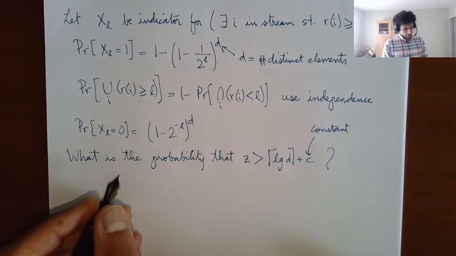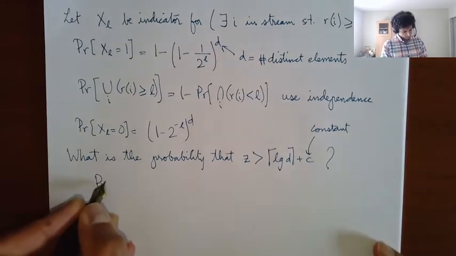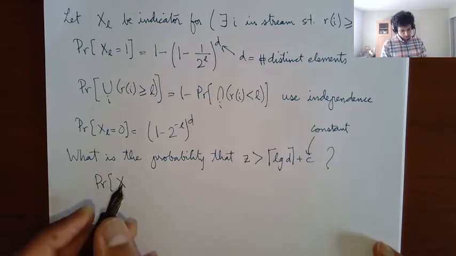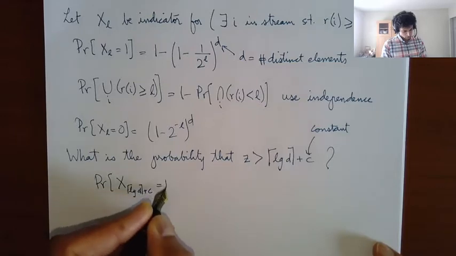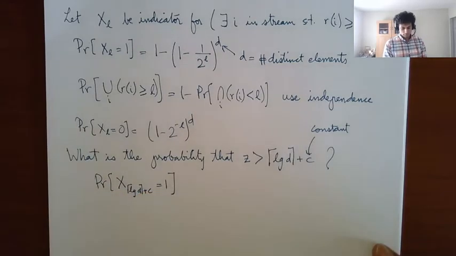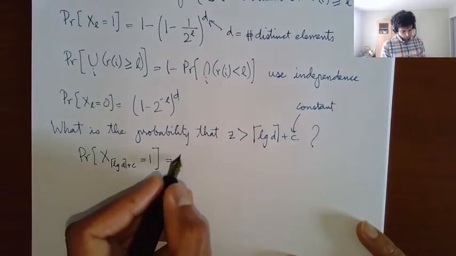So this is clearly the probability that X_(log D + C) is equal to 1. Okay, now let me just plug in the formula.